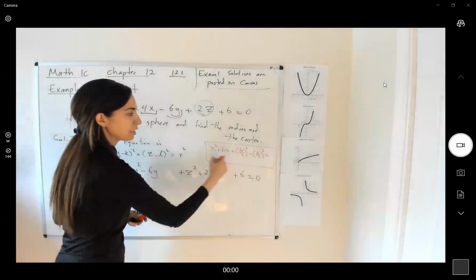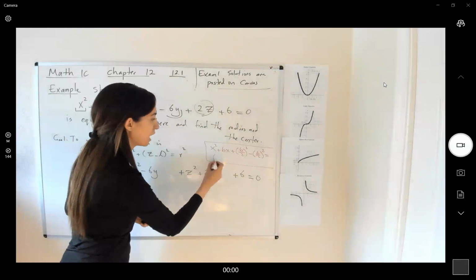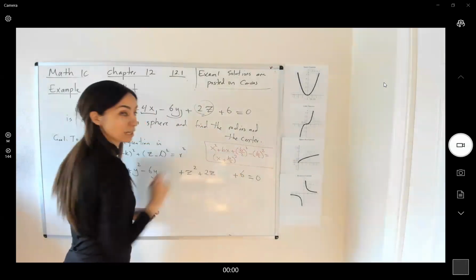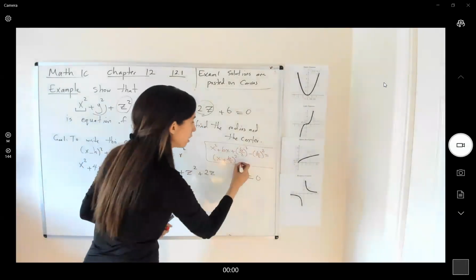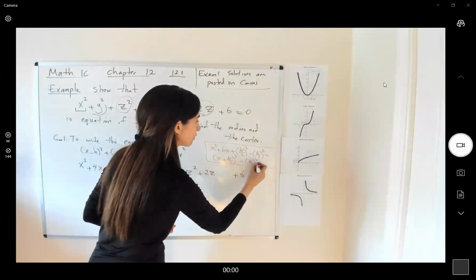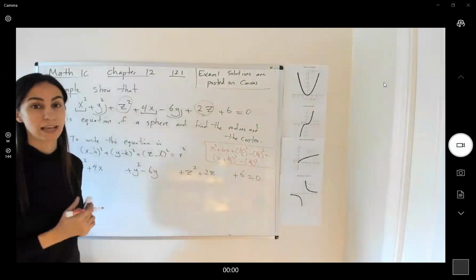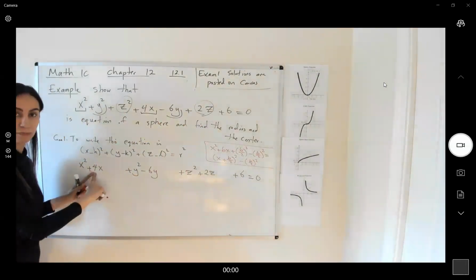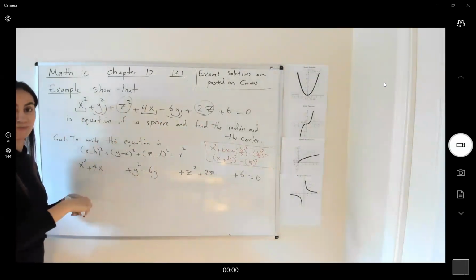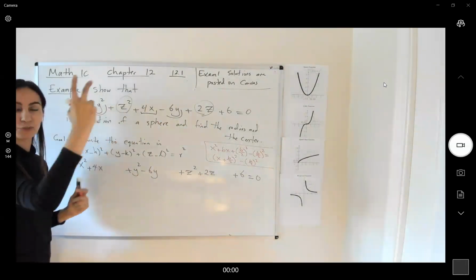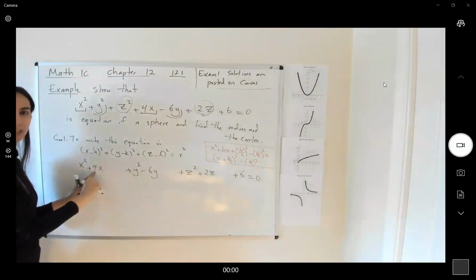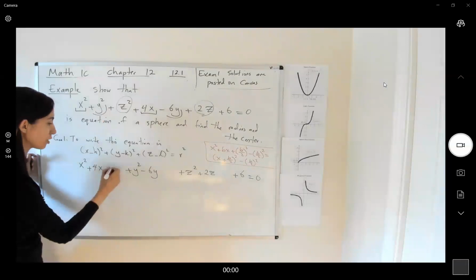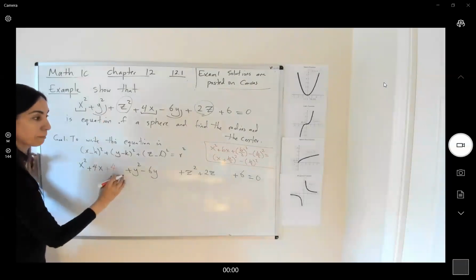Then you take these three terms and write them in compact form as x plus b half squared, minus b half squared. You need to identify your b divided by 2, raise the whole thing to the second power, so you have 4 divided by 2 is 2, 2 squared is 4, plus 4 minus 4.